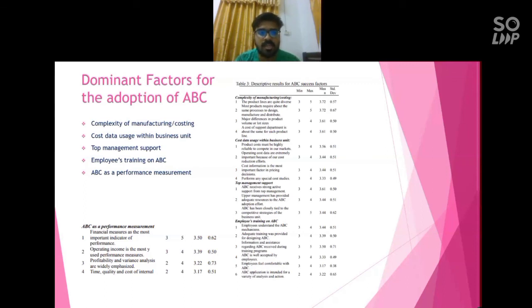The third is the top management support, as I mentioned before, and the fourth is that employees have been trained in activity-based costing. The fifth is that activity-based costing has been used as a performance measurement. So these are the 5 factors for the adoption of activity-based costing.